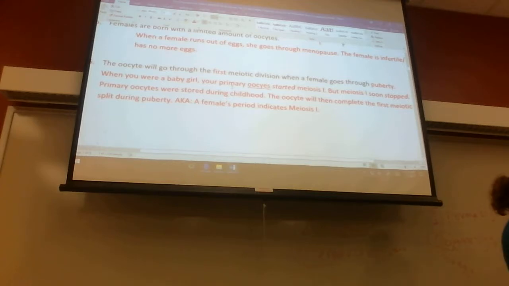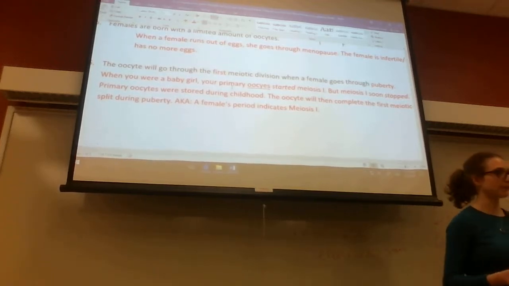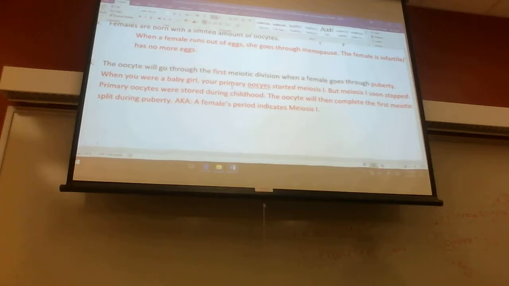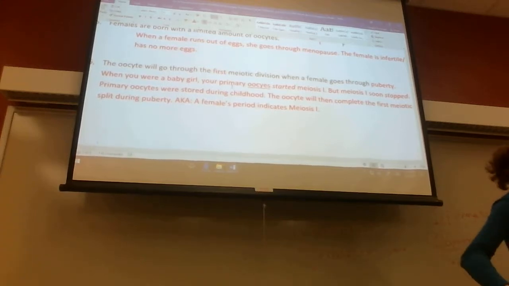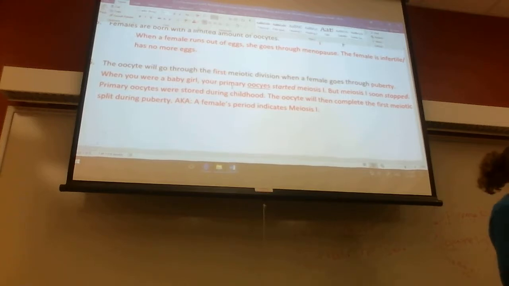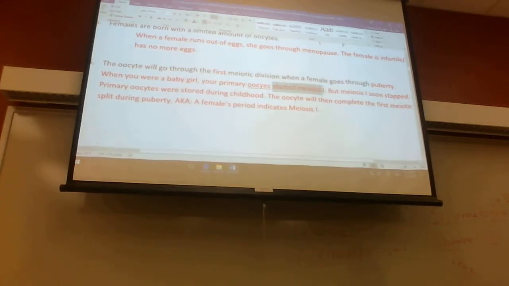The oocyte will go through the first meiotic division when the female goes through puberty, right? We talked about estrogen earlier in the male section. The more estrogen you have, that triggers, estrogen from the fat distribution triggers you to go through puberty. When you were a baby girl, your oocytes started in meiosis 1, but meiosis 1 soon stopped.